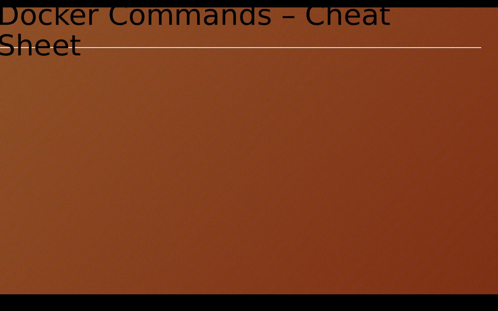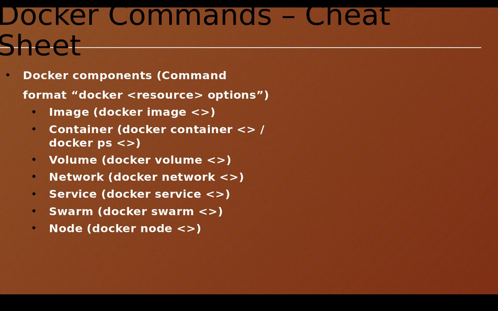After that, we'll go through a Docker command cheat sheet, so it will be helpful. When I explain these commands, you'll have an understanding of them. Docker command format is similar to Linux command format: Docker, then a resource, and options.